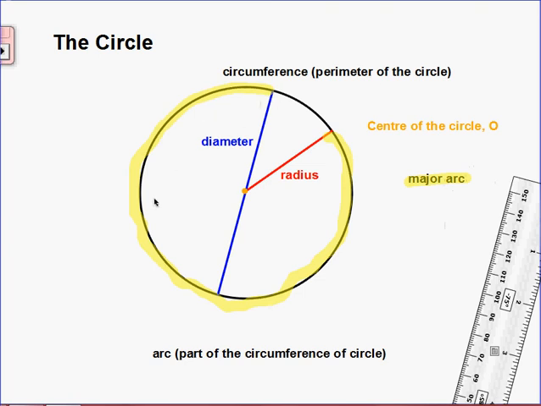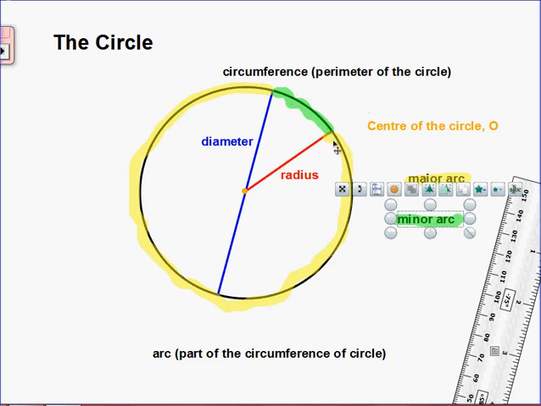As you can see, the circumference of the circle was divided into two parts. The major arc, the big arc, and the small arc, the one that I'm going to show here now. So the green one here, the green part there, is known as the minor arc.